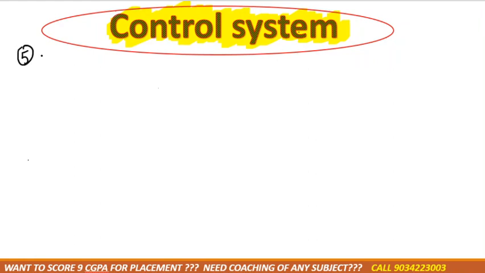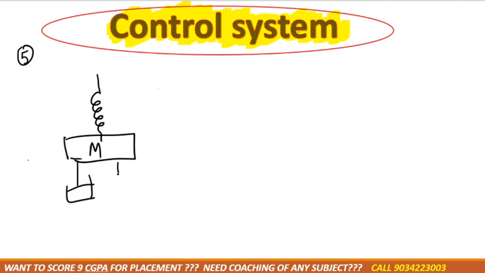Now the fifth question. They have connected the spring with the mass and then with the damper, and then two springs are there. Okay, this is a fixed point.